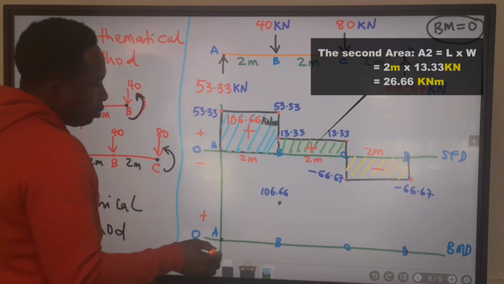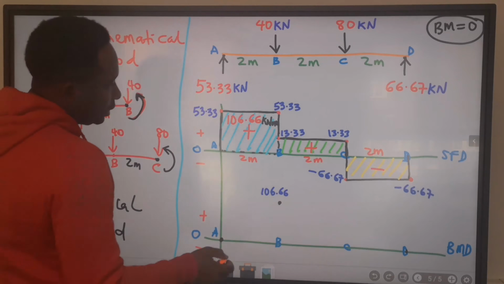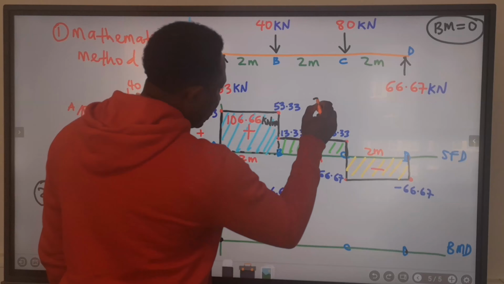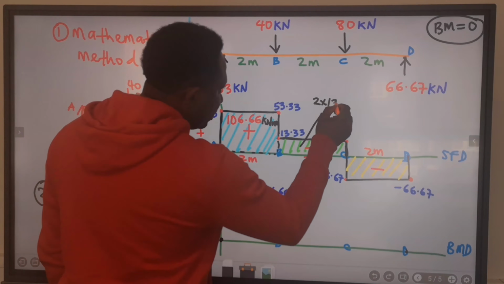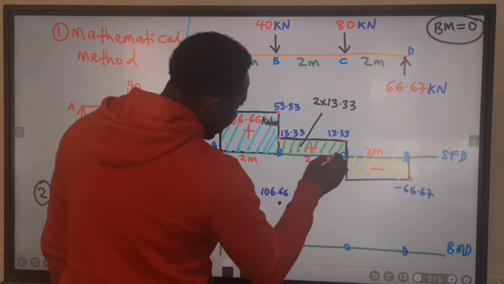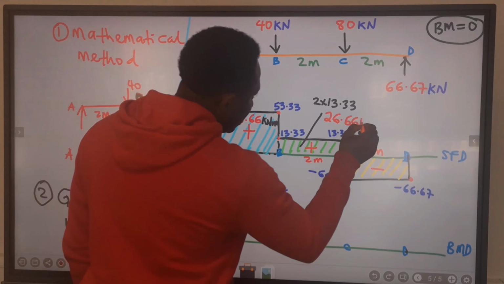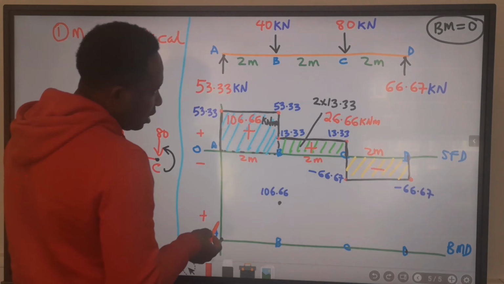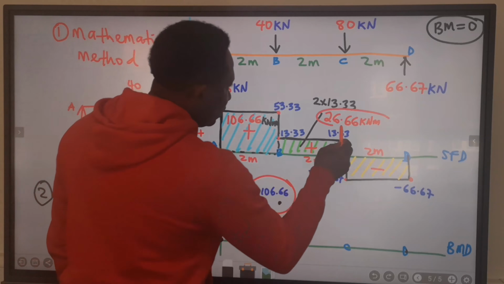Next, we want to look for the area of this portion. And the area here will give us 2 meters times the length, 13.33. And for this area, we're going to have 26.66 kilonewton meters. We're going to add this to this.